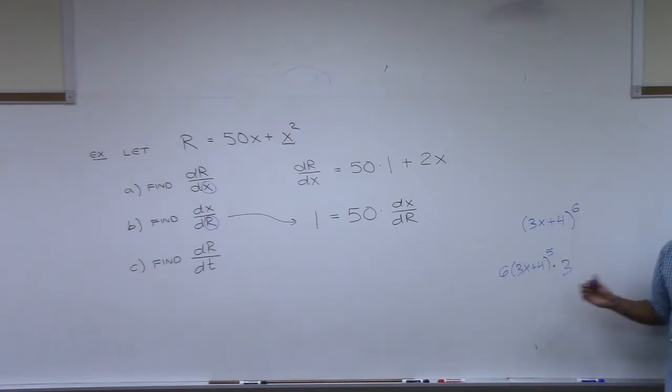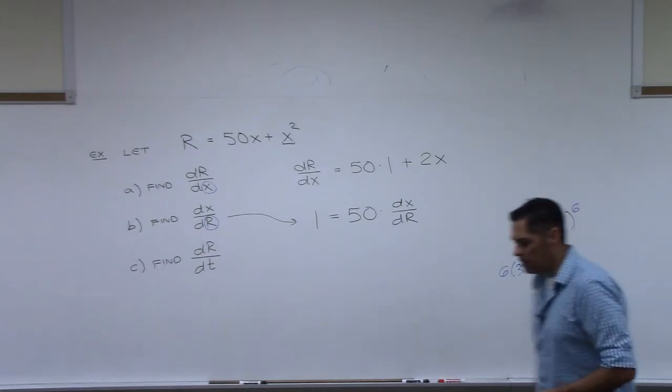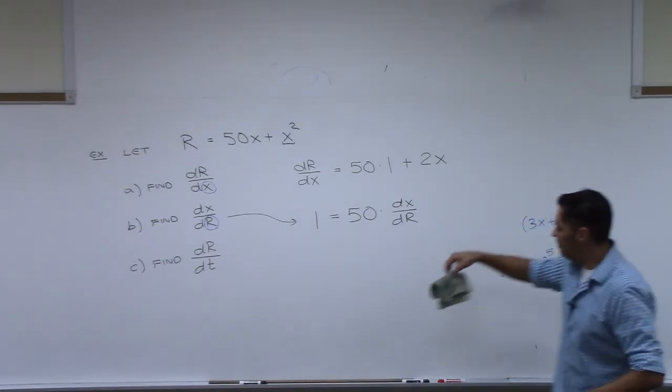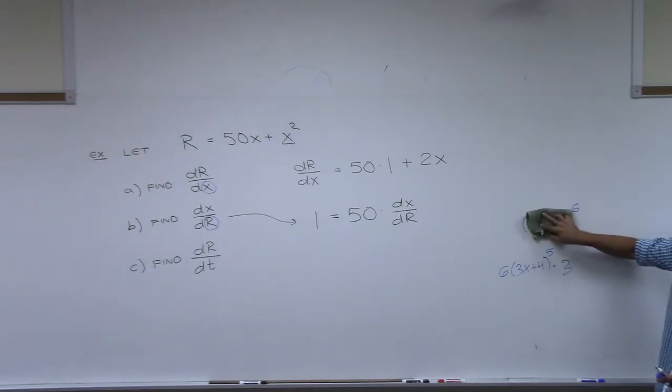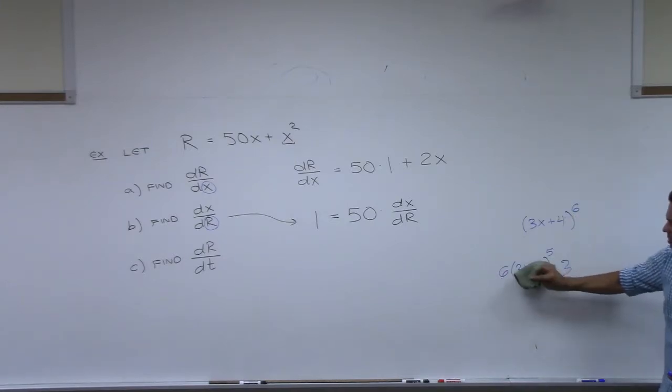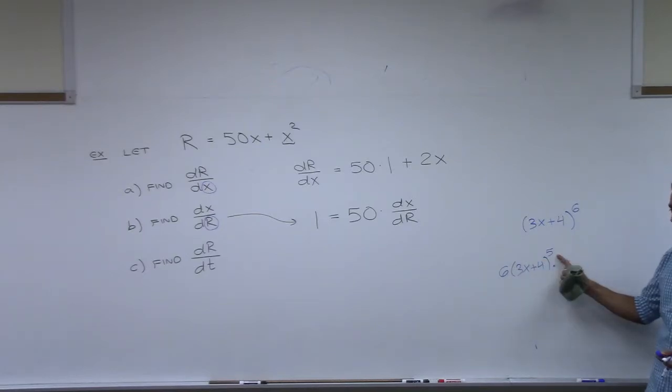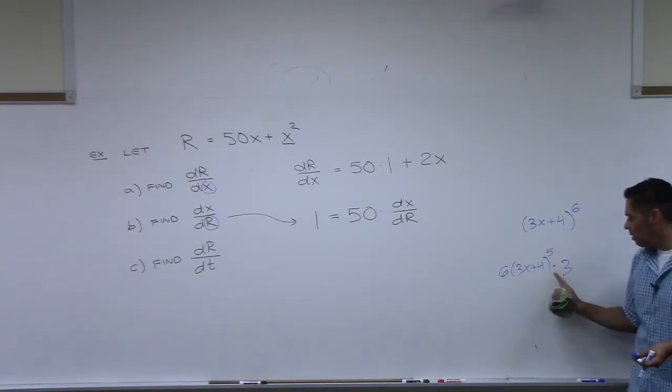You remember doing that? So the idea behind this is, let's look at it this way. If I have this dirty, nasty cloth raised to the 6th power, the derivative is 6 times the dirty, nasty cloth to the 5th power, times what, though?